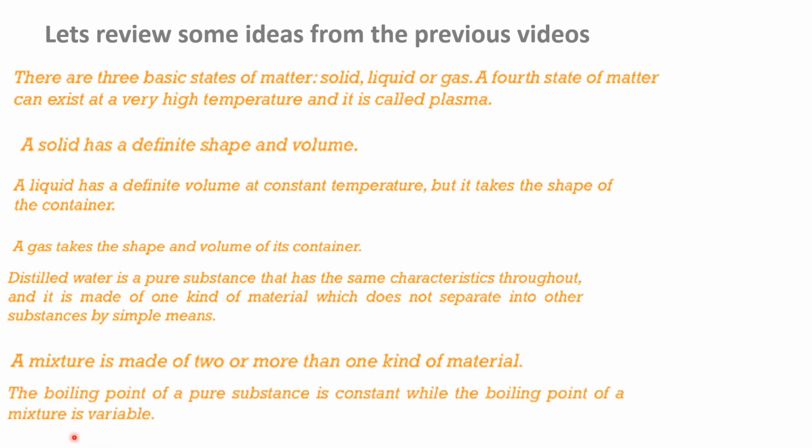The last point, the boiling point of a pure substance is constant while the boiling point of a mixture is variable. These ideas were mentioned in the previous videos, so please I want you to review them very well.